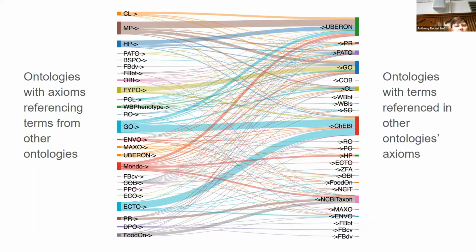And then, for example, on the right, I think the biggest two are Uberon and ChEBI that are both referenced within other ontologies quite a bit. But there's many, many thin lines here as well. And there's only a few ontologies that I have in Ubergraph right now that don't really reference other OBO ontologies.